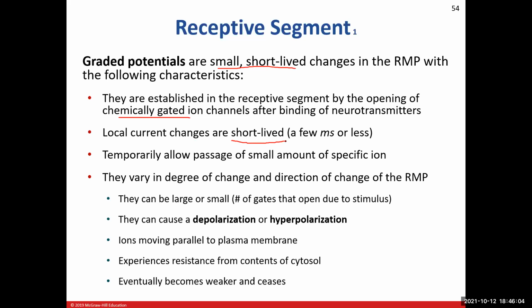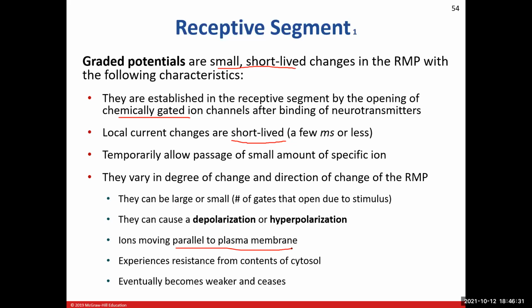So when we open up these chemically gated ion channels, those ions will diffuse into the cell. And normally they'll travel parallel to the inside of the plasma membrane, like a ripple in water. But the further that those ions travel, they become weaker and weaker because they encounter resistance.